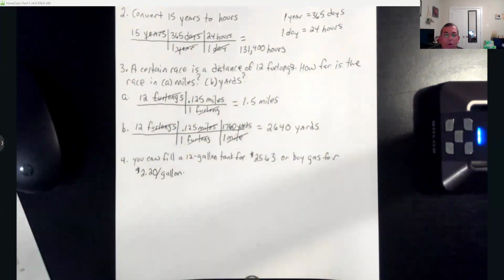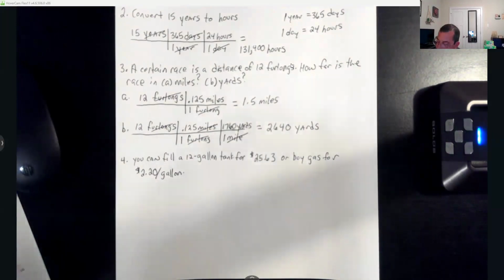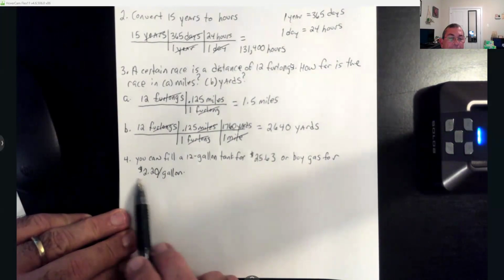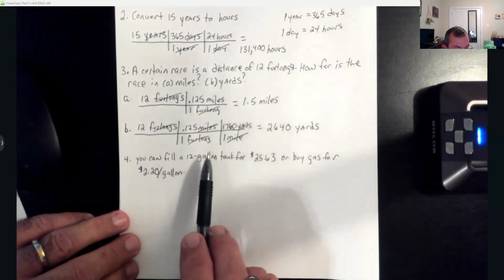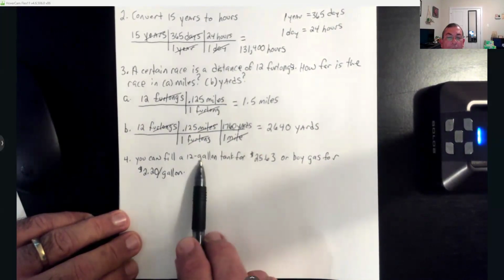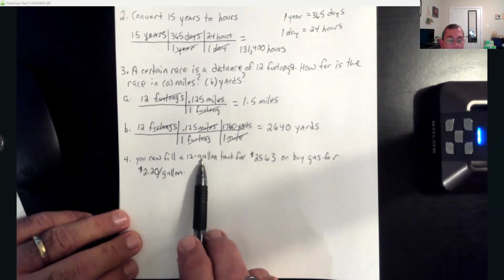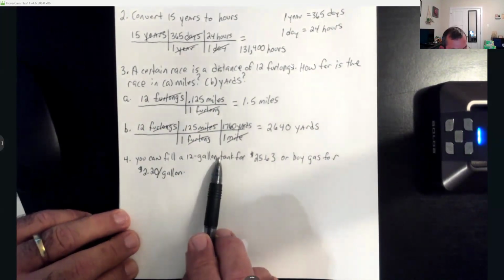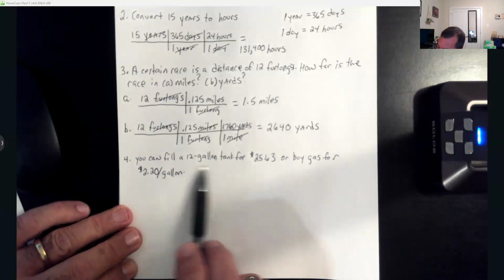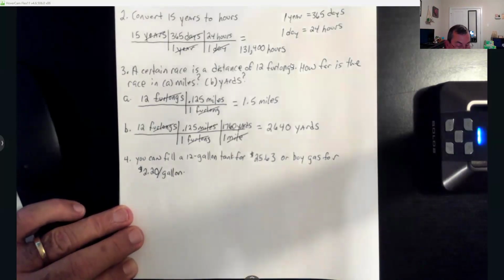So really, they just want to know what's the best deal. Now, buy gas for $2.20 a gallon. They're telling me how much it is a gallon. So what I need to know is how much are we paying per gallon for the 12-gallon tank. Okay. So we're going to come in and figure out what we're spending for each one.